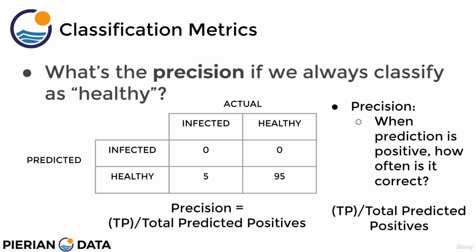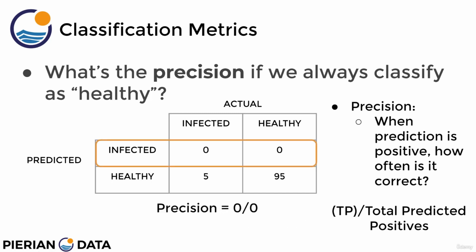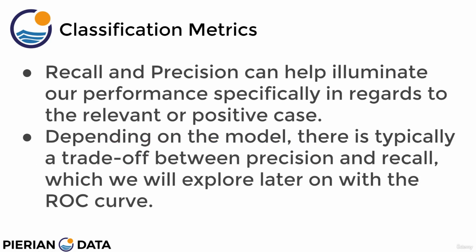Let's now refer to the fact that what happens if we always classify something as healthy? Again, an incorrect model, always predicting the majority class. In this case, you would get 0 over 0, or basically precision being undefined. So this would also alert you to the fact that there's something wrong with your model, always predicting the majority class. We can see here that recall and precision do not fall to the accuracy paradox.